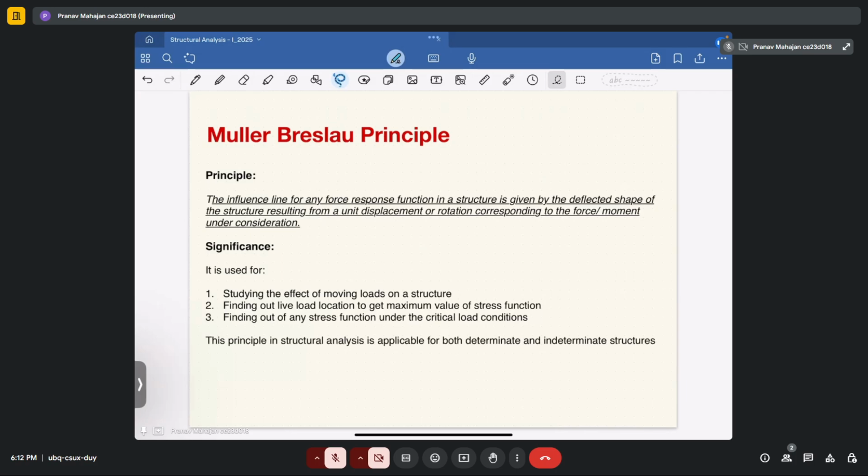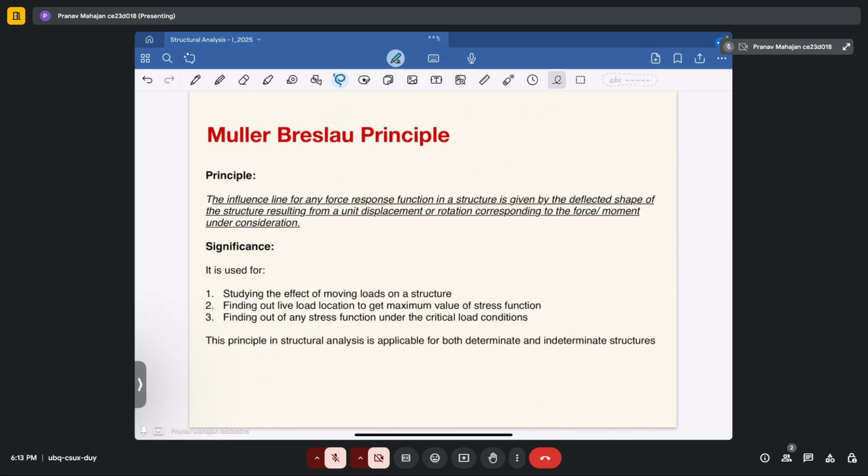So what you generally do, if you are required to calculate the force at a particular joint, say at joint A we are expected to calculate the reaction at support A.